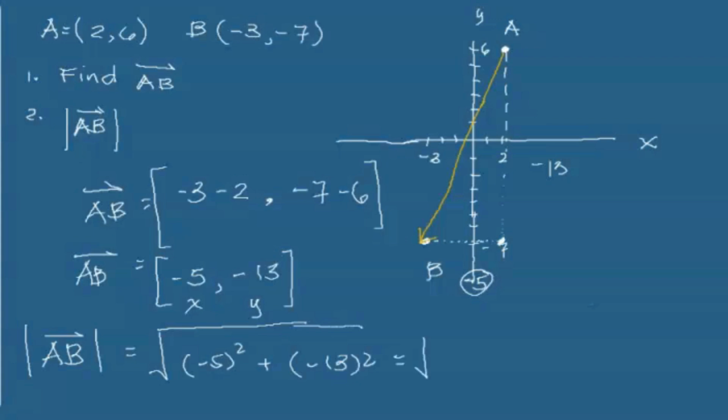So this is equal to 25 plus 169, which is the square root of 194.